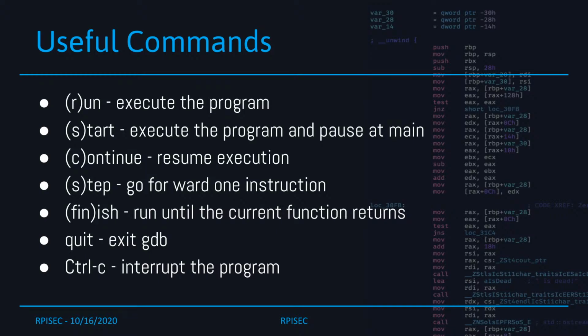So obviously, when you're debugging a program, it kind of helps to be able to run that program, to start that program's execution. And there's two really useful but subtly different commands in GDB to do that. There's R, which is run, and then there's also S, or start, which tells GDB to start that program, and then it pauses.